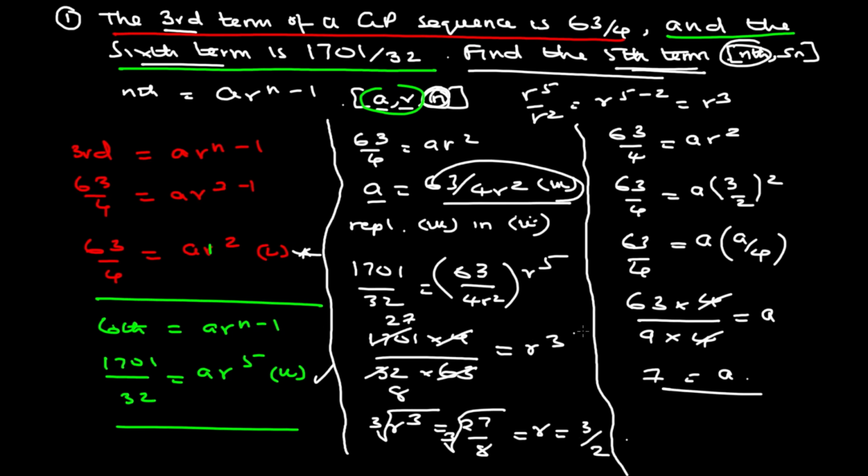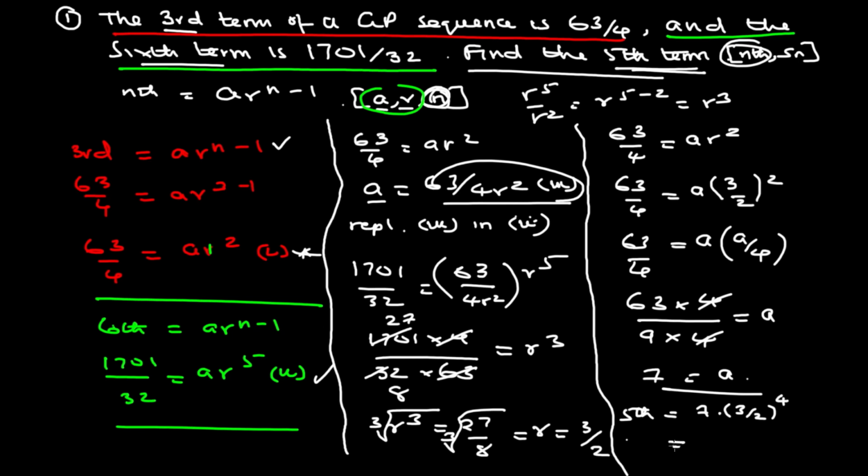Okay. So now what we do is we remember our formula, which is this one. So now we'll say that the fifth term is going to be A, which is 7, times R, which is 3 over 2. Now we're looking for the fifth term, so it's going to be 5 minus 1, which is 4.